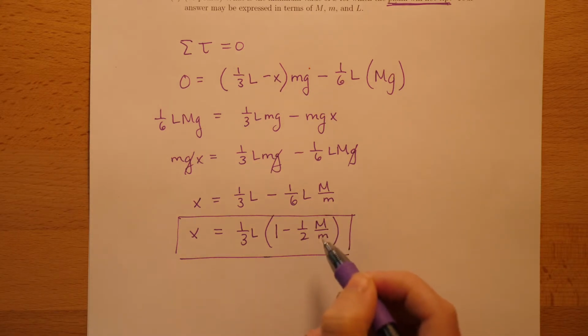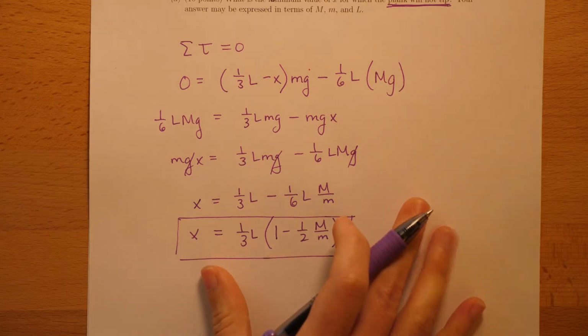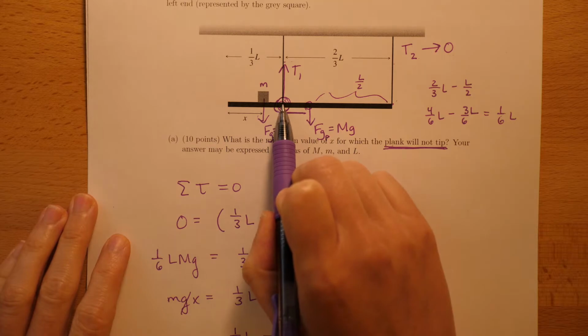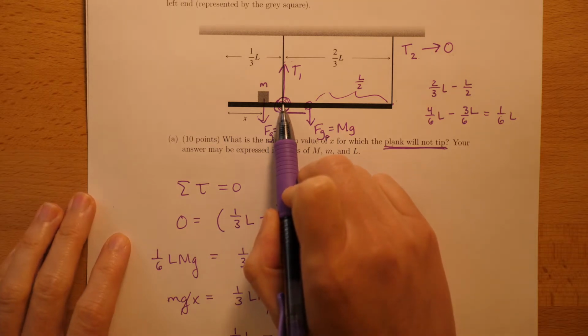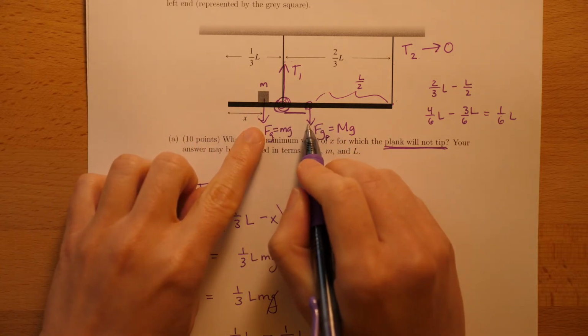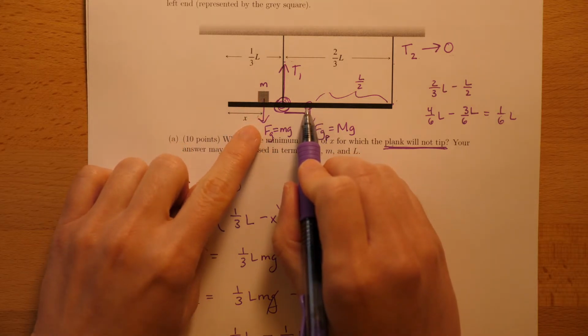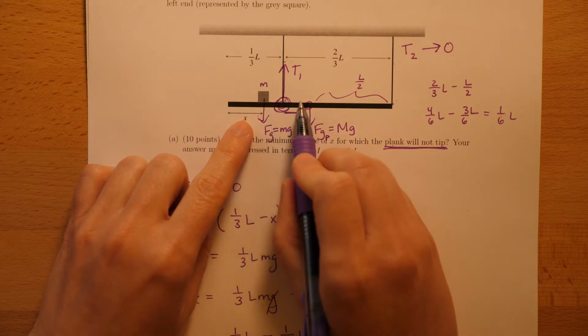Okay, so is there anything about this we could check? If this is just going to balance around this point, then we only have these two forces. So if Marvin's mass is equal to the plank's mass, this distance should be the same as this distance.